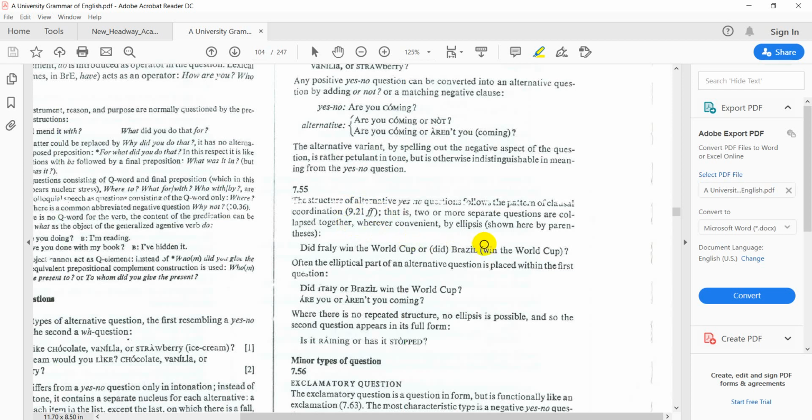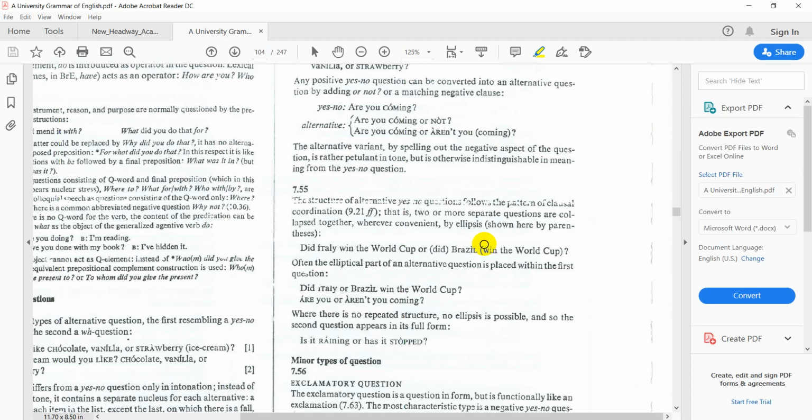Let me read Unit 9, section 9.21. The title of this section is Ellipsis in Coordinated Clauses, ellipsis of subject and auxiliaries.